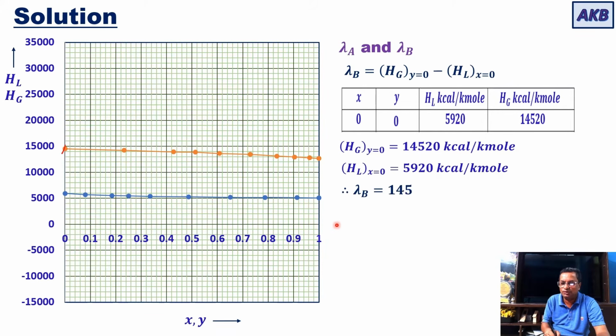So you just have to use these values. Therefore, lambda B will be equal to 14520 minus 5920, that is 8600 kilocalories per kilomole.